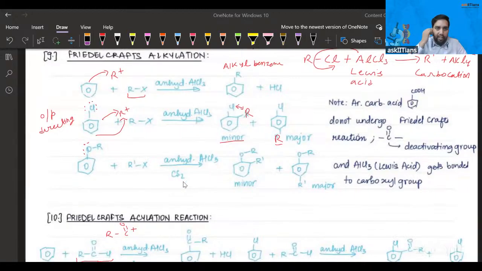If we were to use a polar solvent, you can see there is oxygen here. This is basically an ether, alkyl phenyl ether, so this oxygen can be affected by the polar solvent, due to which we are using a non-polar solvent. It won't be affected by the non-polar solvent. Clear?